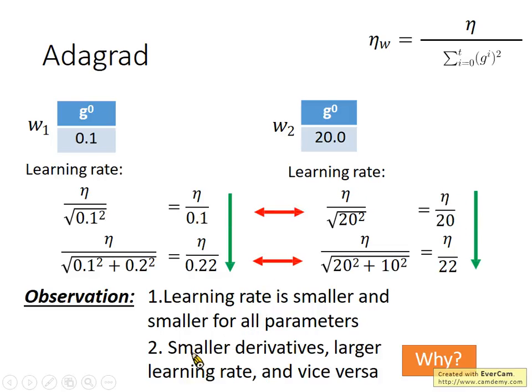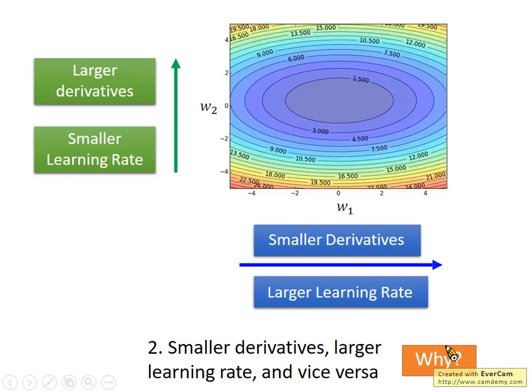So that means smaller derivative will induce larger learning rate, and vice versa. But why this design? We can see the visualization from this figure.